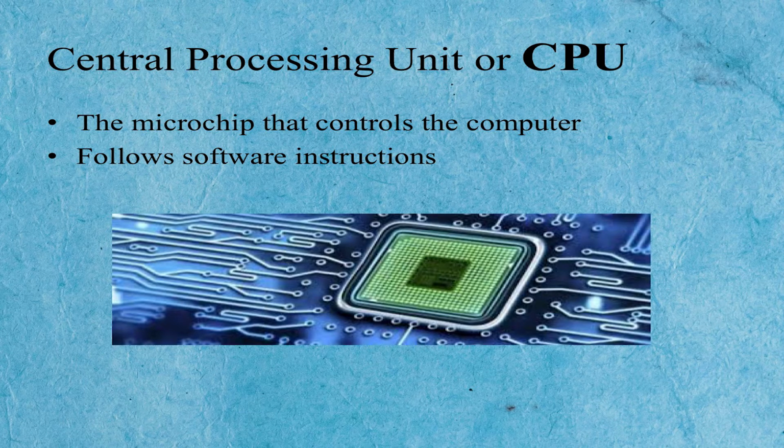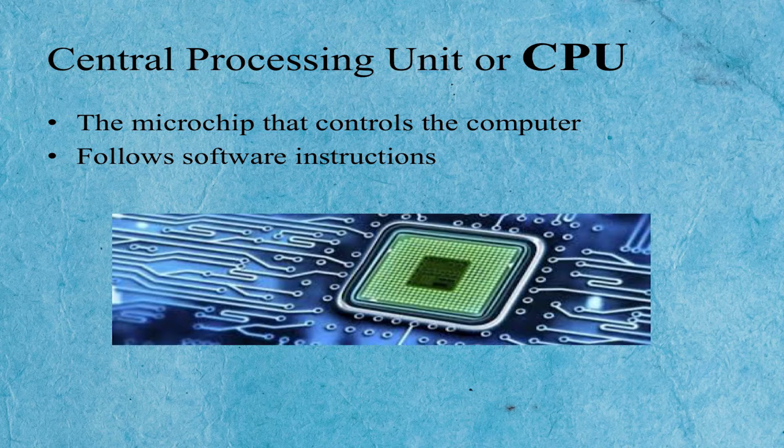Okay, so back to the CPU. That's the main chip that runs everything in the computer. It's divided up into two parts, the ALU and the CU. The arithmetic logic unit is responsible for the math part of the operation of the computer, and then the control unit does everything else. It controls all of the functions.